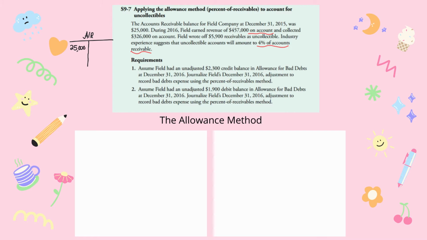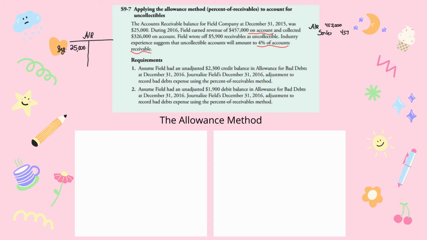This is the ending of 2015, so it's gonna be the beginning for 2016. Then he said he earned revenues of 457,000 on account. So this entry was accounts receivable to sales.